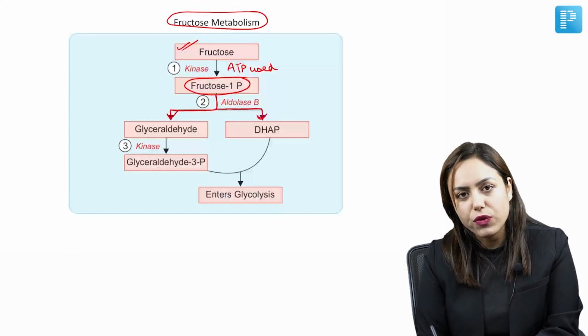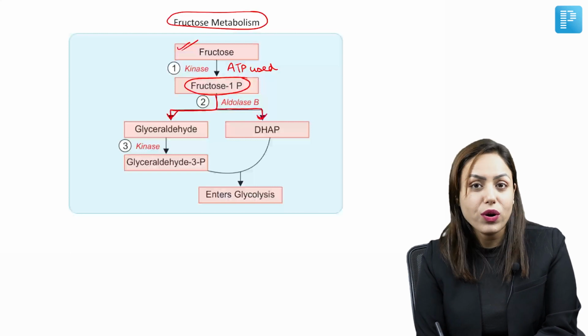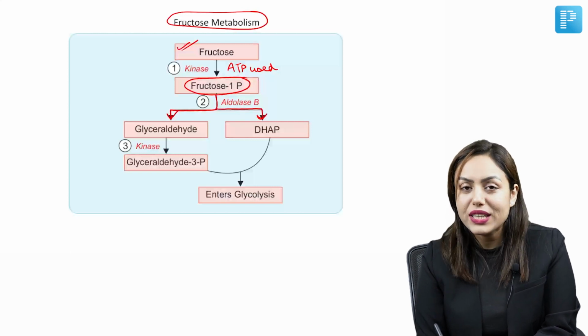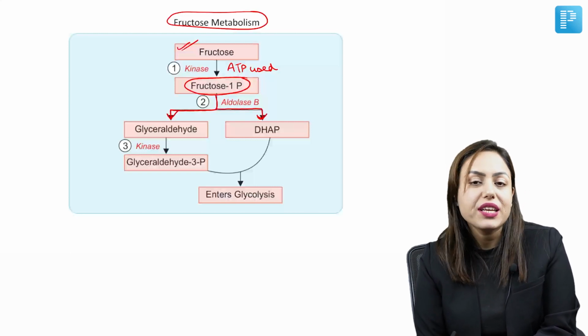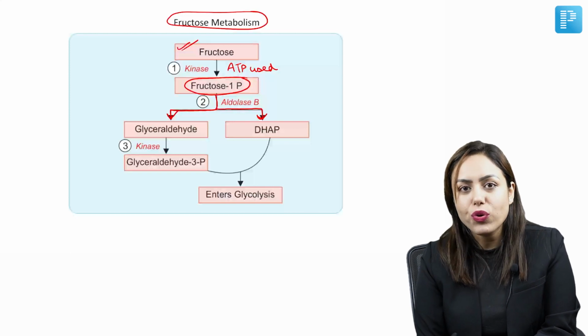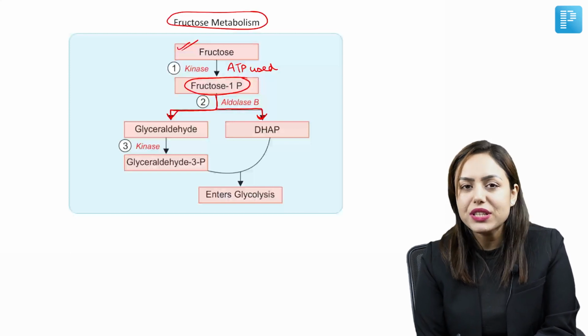So what is the substrate for aldolase B? It is fructose 1-phosphate. Can you tell me what is the substrate of aldolase A? Aldolase A, which we did in glycolysis, has the substrate fructose 1,6-bisphosphate.